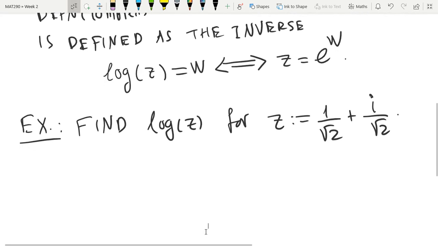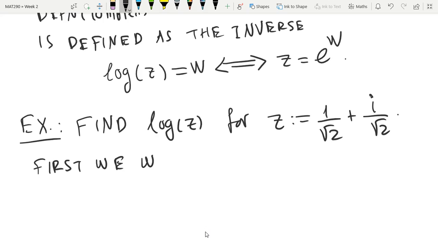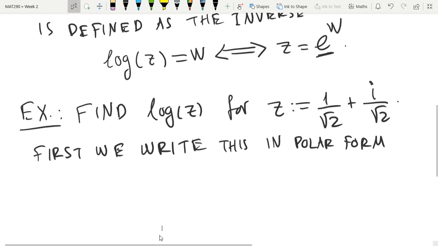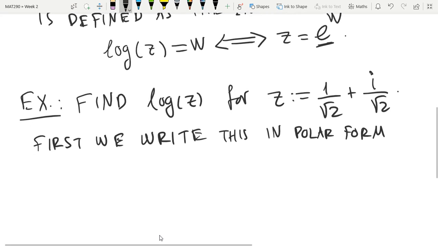The trick will always be to write this in polar form, so that we get the exponential. Okay, that's always the method. So we ask for some theta so that z is equal to the modulus of z times e to the i theta.